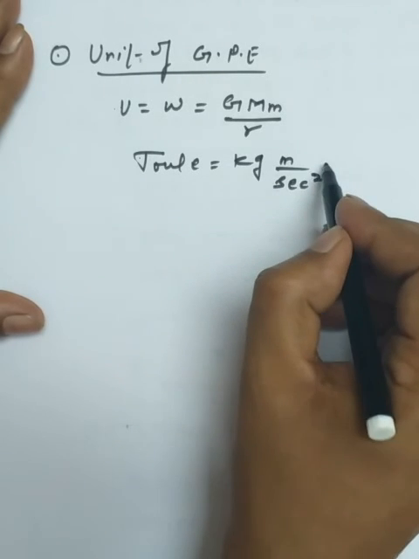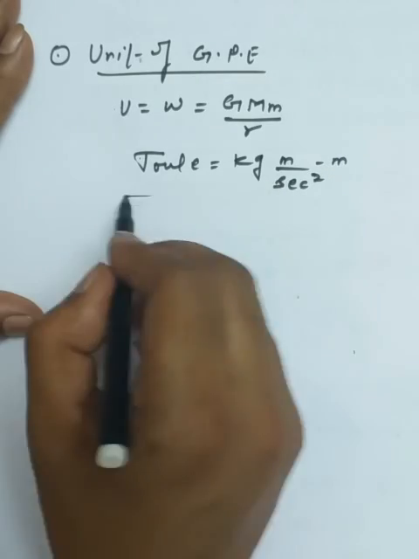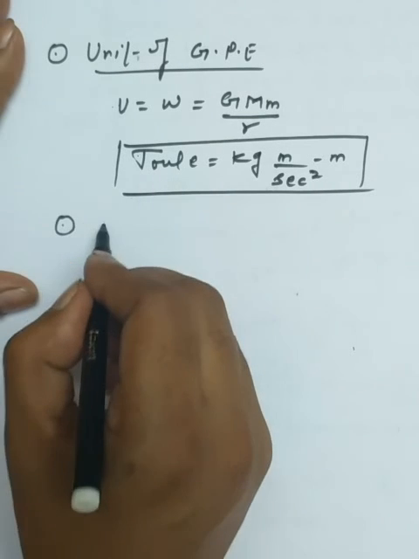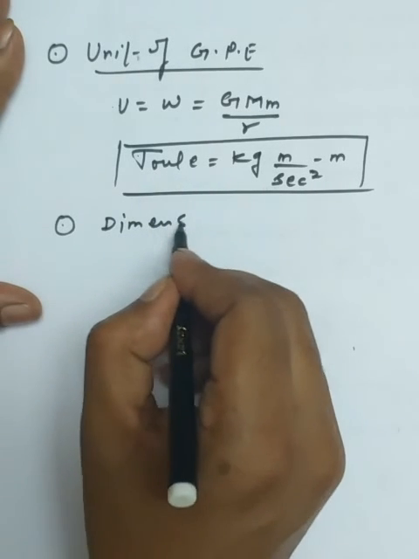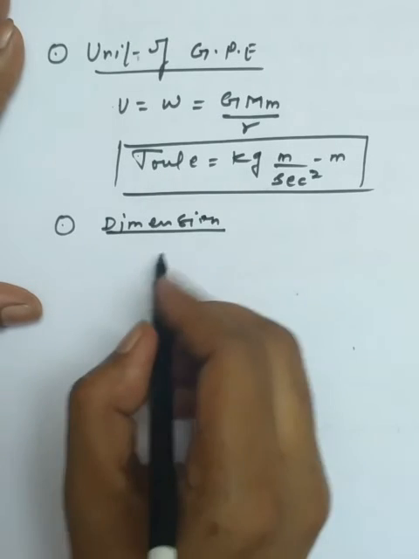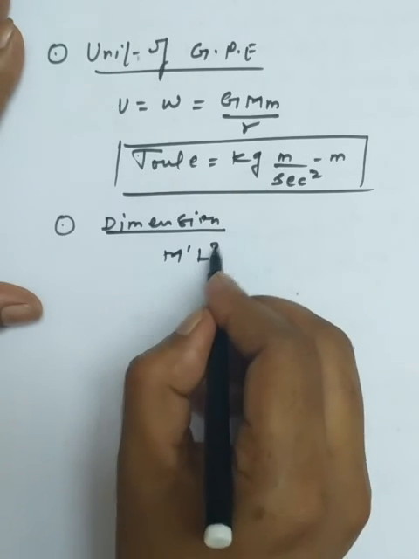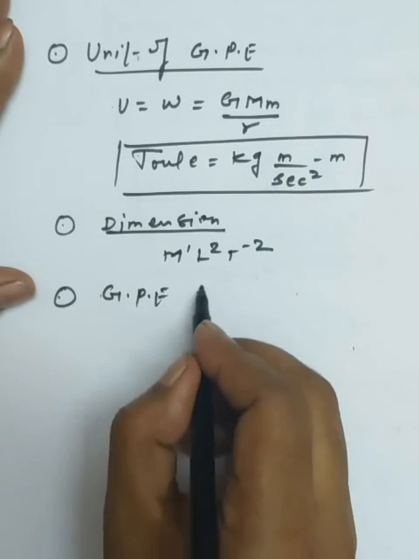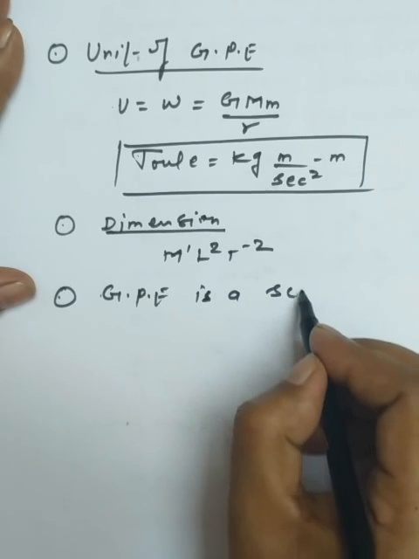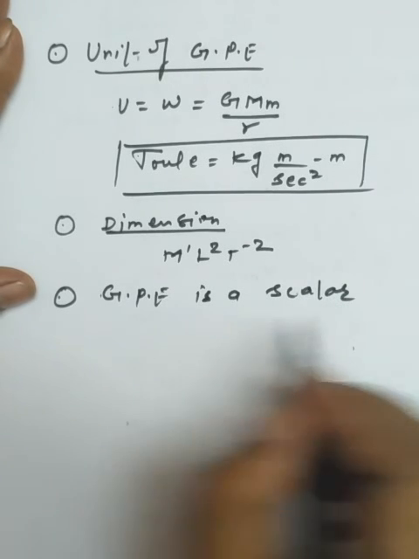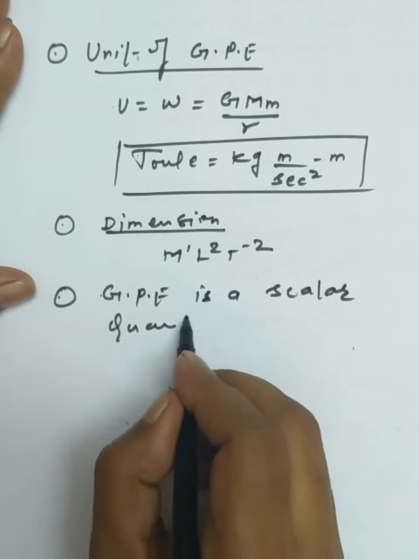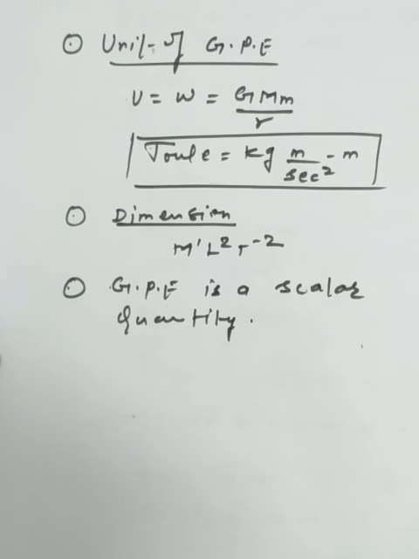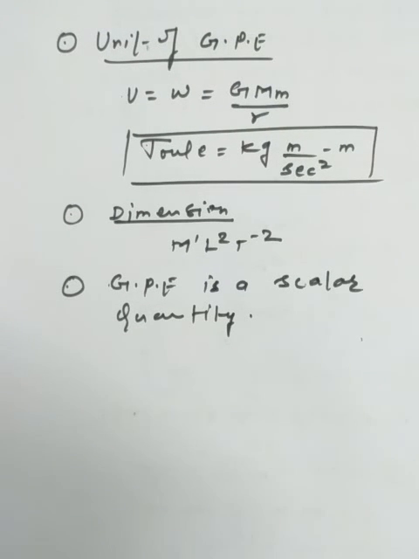This is the simplest expression, and on this basis we can also find the dimension. Gravitational potential energy is a scalar quantity. These are some basic assumptions required to discuss gravitational potential energy.